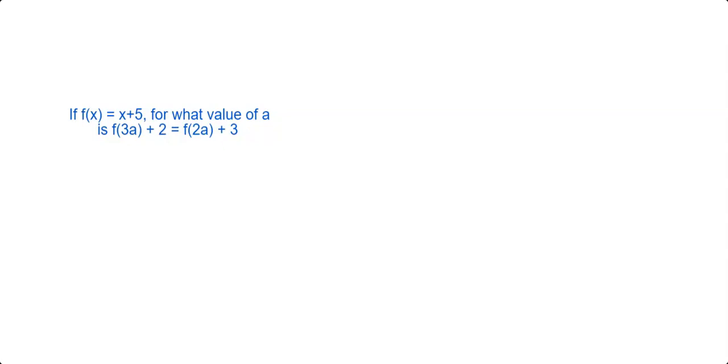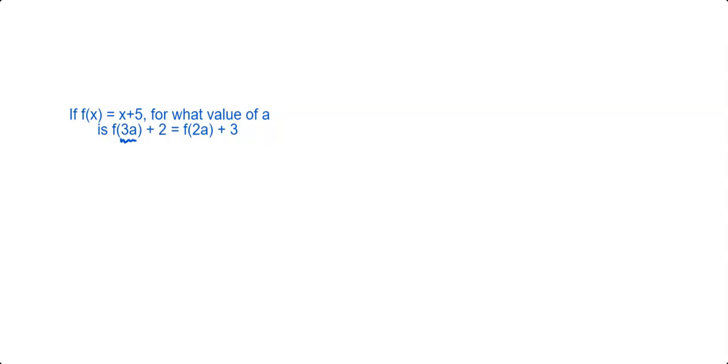Here's a question. If f of x equals x plus 5, then for what value of a is f of 3a plus 2 equal f of 2a plus 3? So f of x means the function evaluated at x equals x plus 5. What we're going to do is find f of 3a, which means plug 3a in place of x.